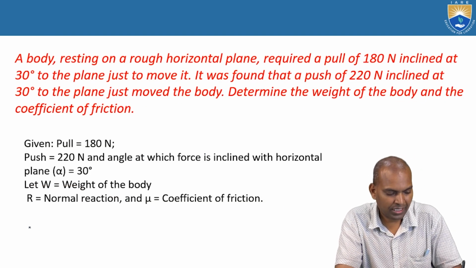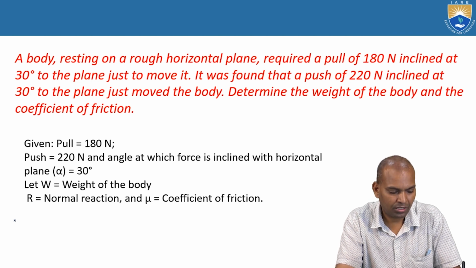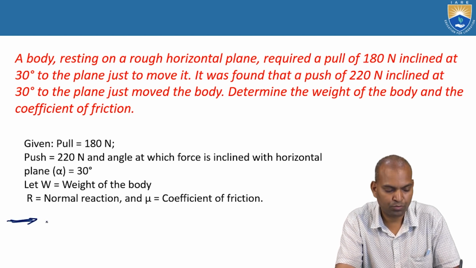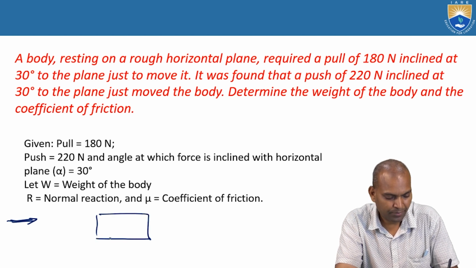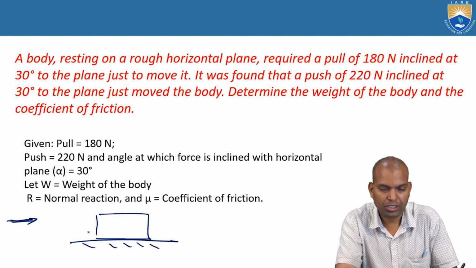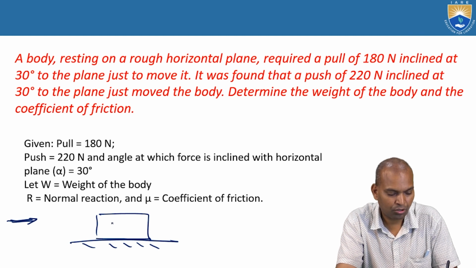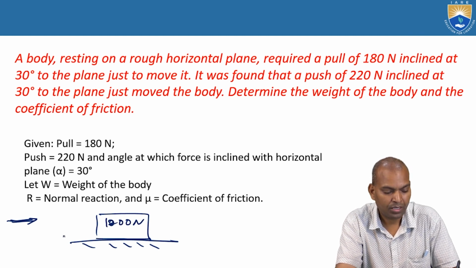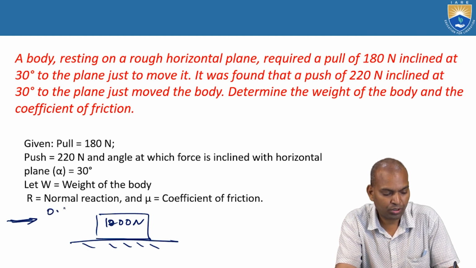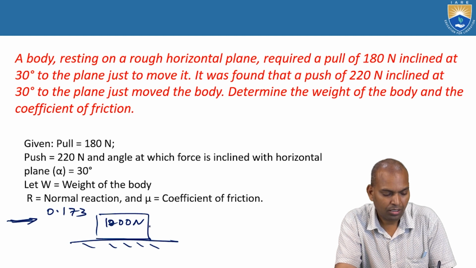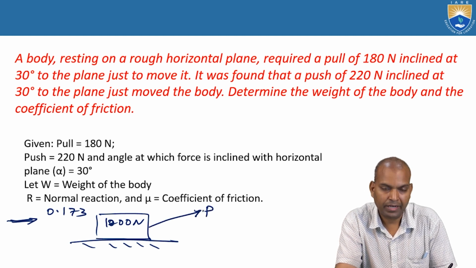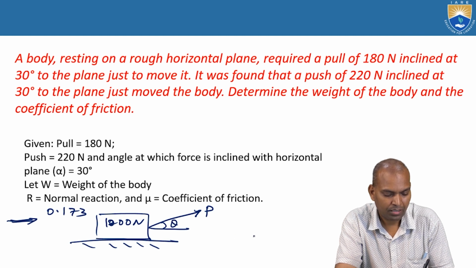You can consider another problem and solve it by using this model. The case is that you give the same load and the same coefficient of friction. The load, the weight of the body, is 1000 newtons, and the coefficient of friction is 0.173. What is the effort required for pulling at angle of inclination theta?